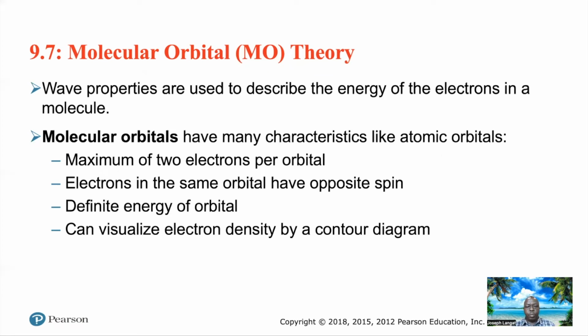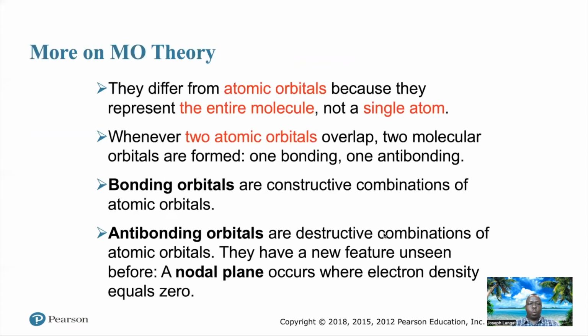Electrons in the same orbital have opposite spin. When you write up and down arrows, they have opposite spin. They also have different energy. We can visualize the electron density by the contour of the diagram. There'll be a diagram I want you to memorize. So what's the difference between molecular orbital and atomic orbital? Molecular orbitals represent the entire molecule.